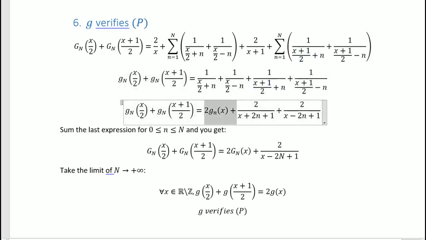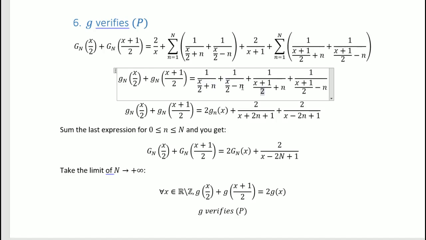And we get 2g_n from this part. Oh no, it's because we put it in a single fraction, because we factorize that and we factorize that. So we get 2g_n of x and twice this.